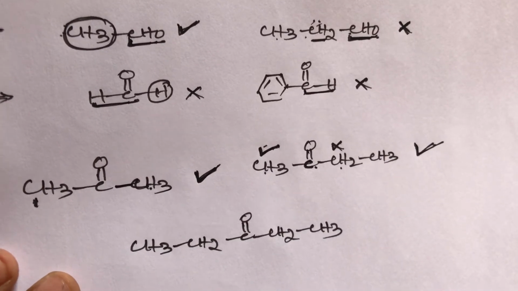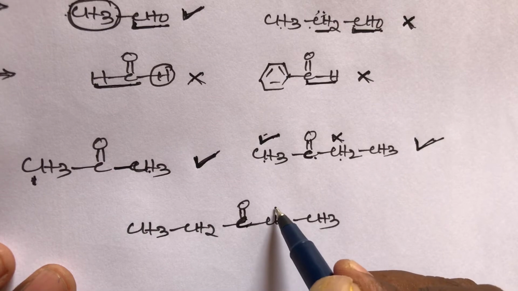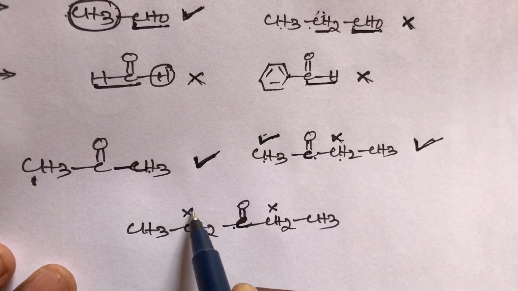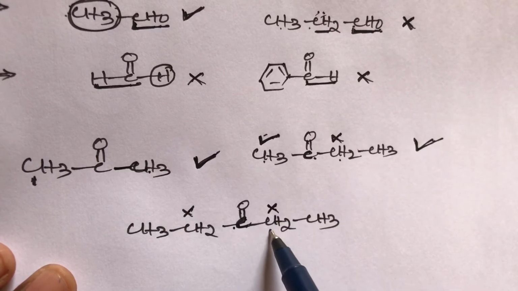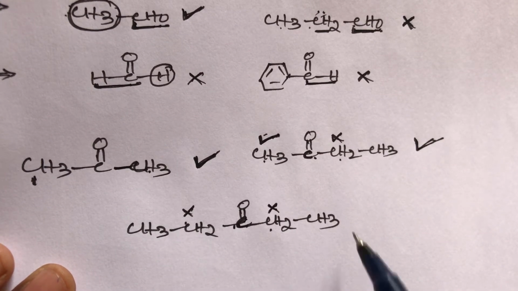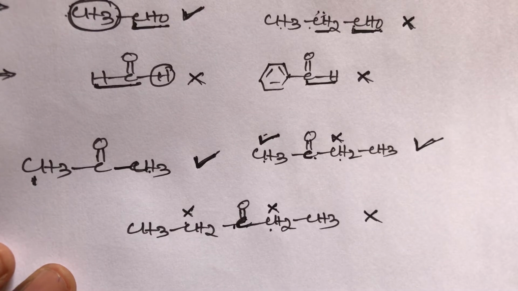Now take the third example, students, CH3CH2COCH2CH3. What about this compound? This keto group is directly connected with the CH2 group on the right side, and on the left hand side it is also connected with a CH2 group. So this does not give the iodoform test. What is the condition, students? The keto group must be directly connected with a methyl group.